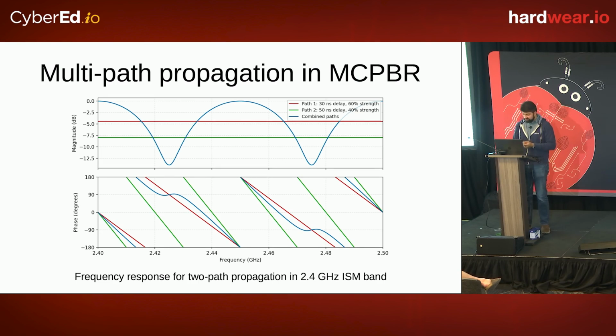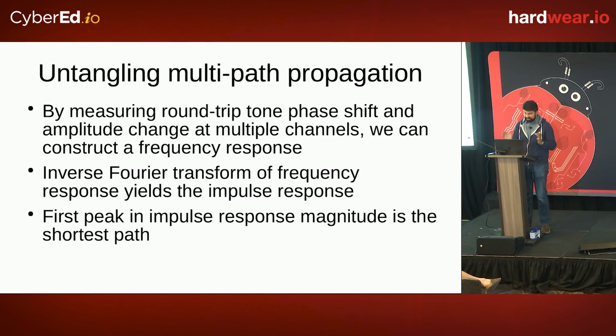And through this, if you go back to, say, a signal processing class in university, you'll remember that the inverse Fourier transform will yield the impulse response from a frequency response. And so we can use this to figure out what are the delays of the multiple paths through looking at the impulse response.